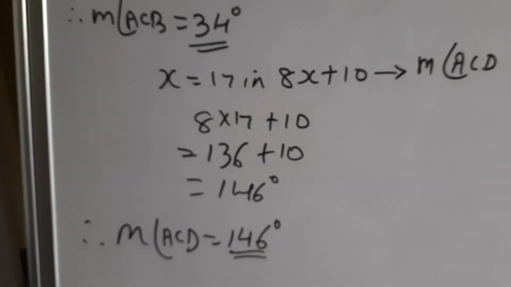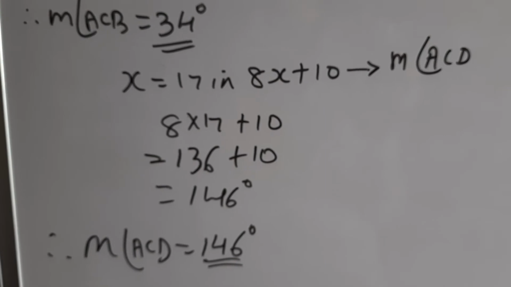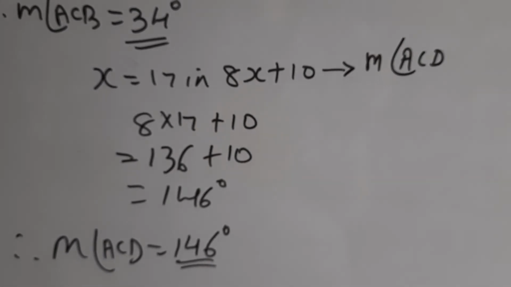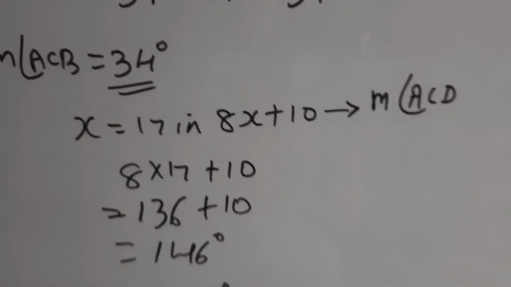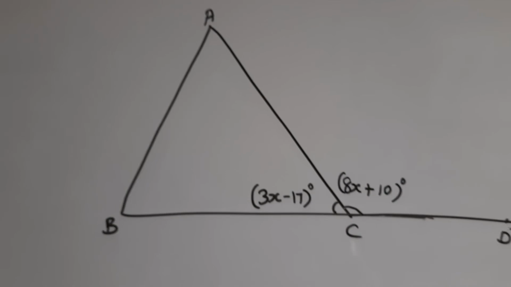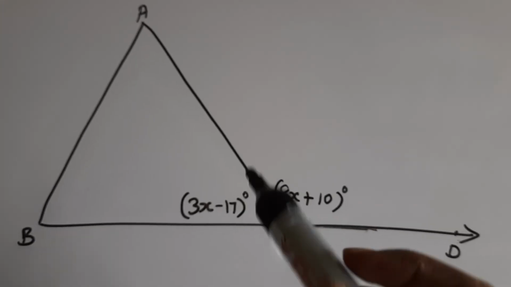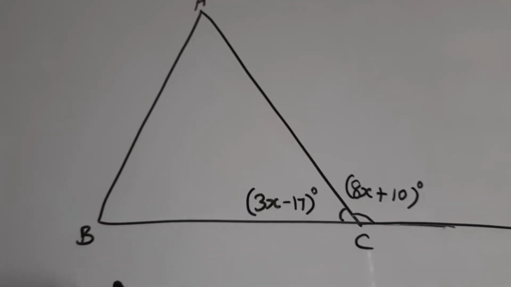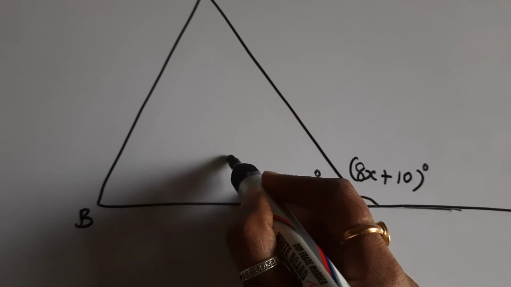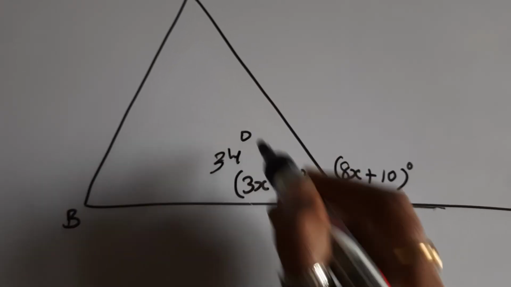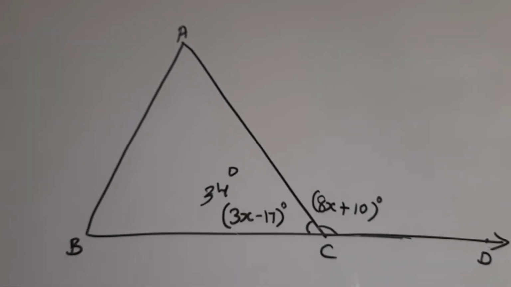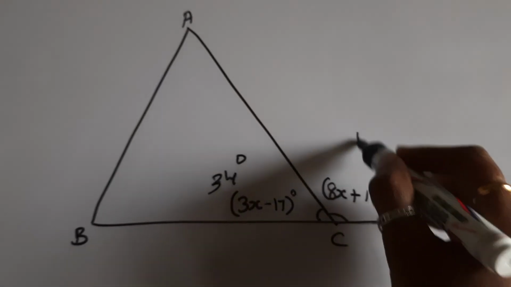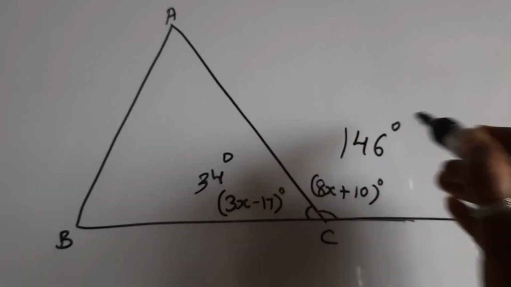Now what we are left with is to find out measure angle A and measure angle B. How will we find out measure angle A and measure angle B? Let us look at the figure. Here I will just write down what we found out. ACB we found out as 34 degree, and ACD, which is the exterior angle, we found as 146 degree.